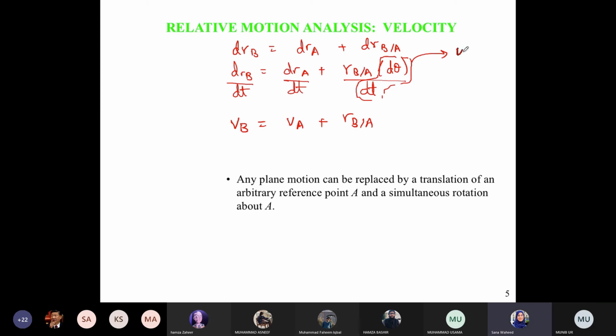Omega, exactly right. So this is the angular velocity of the rigid body, the rotation part of it. And that makes sense. Isn't this omega r the one that we are used to seeing?